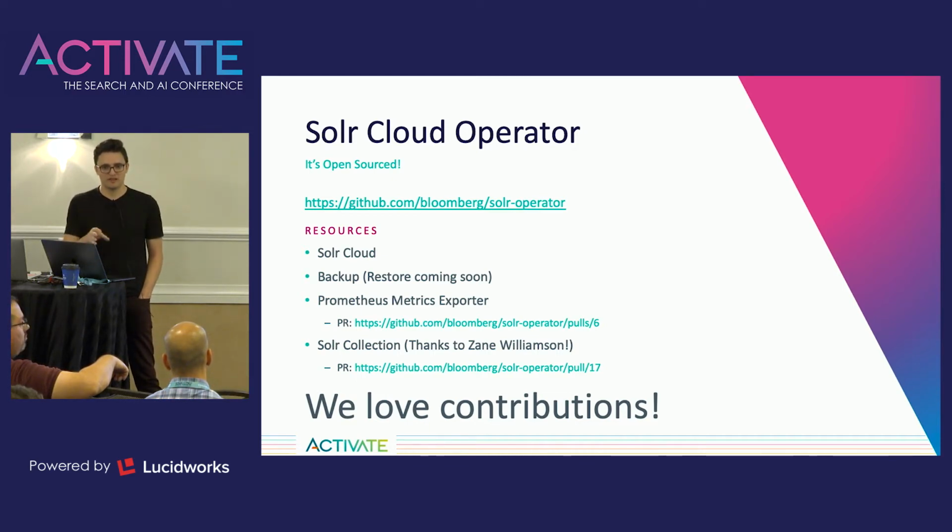We want to make this pluggable so you can use the parts of the Solr operator that you want within Kubernetes and still manage the old style way the stuff that you want to, while you're migrating everything over. Because we're not going to go at Bloomberg and migrate all of our Solr clouds into Kubernetes on day one. We're going to start monitoring them in Kubernetes and slowly move out the way that we manage these things.